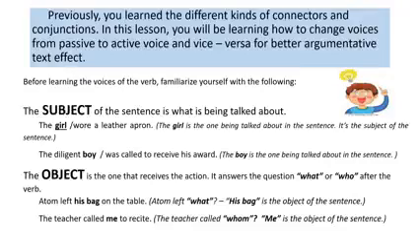His bag. So his bag is your object of the sentence. It answers the question what after the verb left. The teacher called me to recite. The teacher called whom? Me. So me is the object of the sentence. As I've said, your object answers the question what or who after the verb.